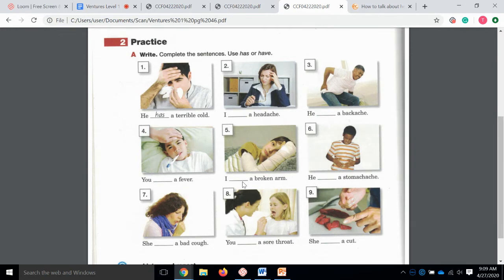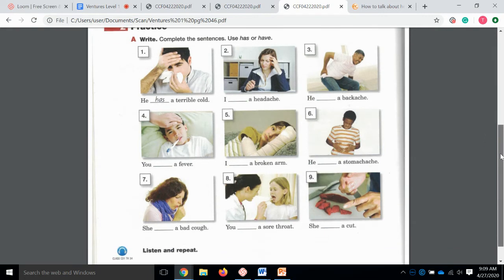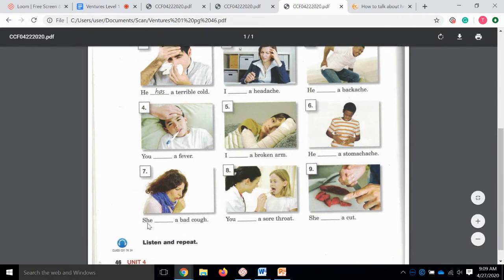I have a broken arm. Here's a broken arm right here. I have a broken arm. He has a stomach ache. He has a stomach ache. She has a bad cough.